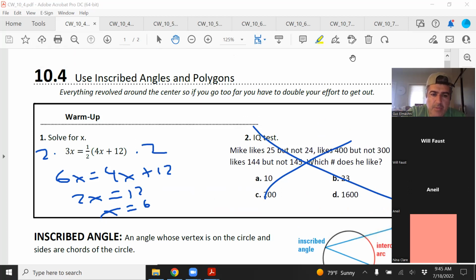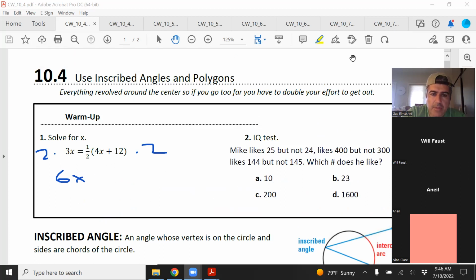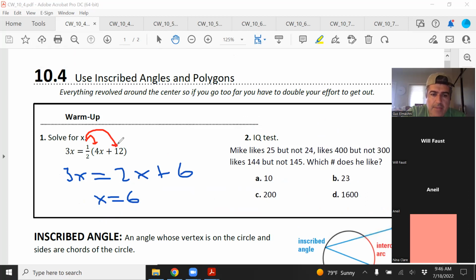You get 6x equals 4x plus 12. You get done that way also, where you distribute the 1/2. That's not such a bad technique as long as the numbers come out nice. Like if I had 1/3 times 4x plus 12, then you'd have a fraction. I'd like to avoid fractions if we could. So anyway, that's that.